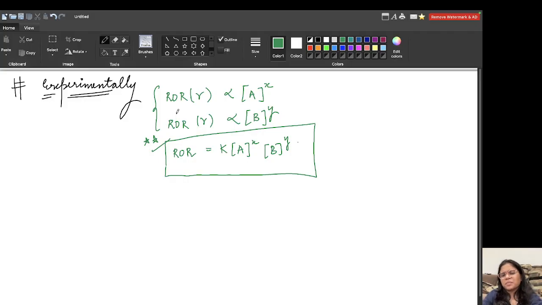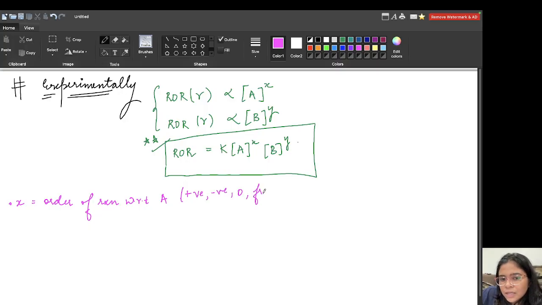Here, x will be the order of reaction with respect to A. This order of reaction can be anything. It can be positive, negative, zero, fractional, anything.